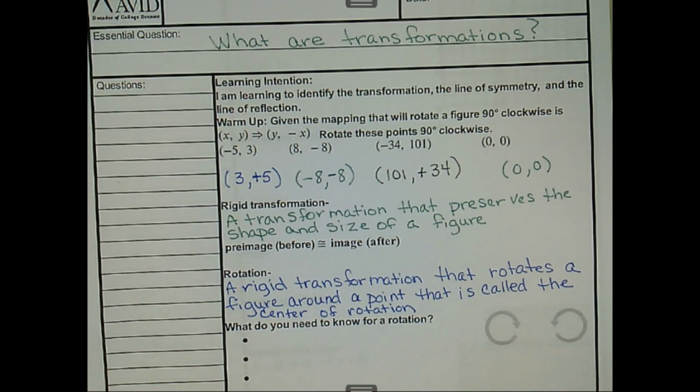A rigid transformation that rotates a figure around a point that is called the center of rotation is what we call a rotation. So there are three things you need to know.